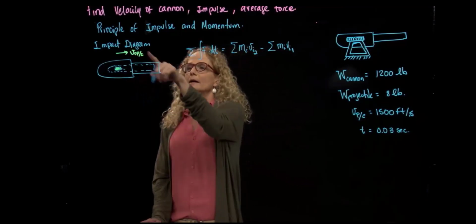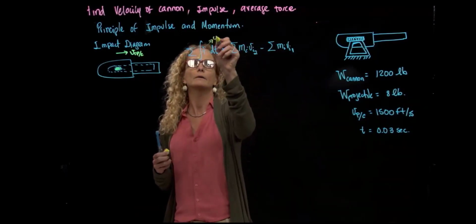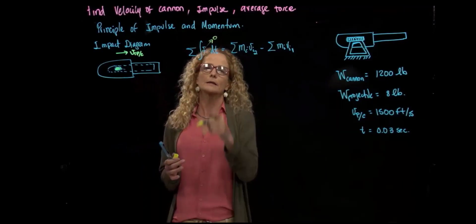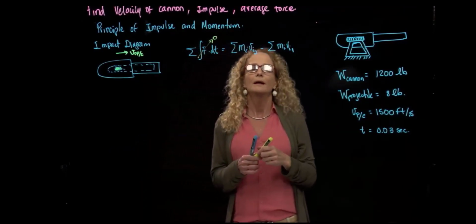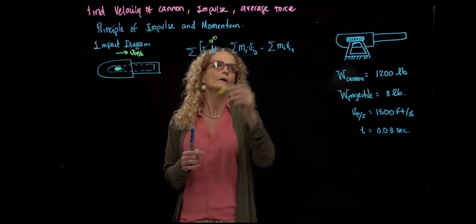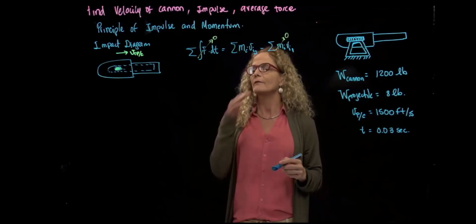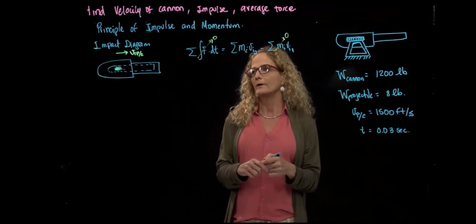As you see in my impact diagram, there are no forces that I will integrate over time. And before the fire, before I created any velocity, the velocities were equal to 0 as well. So we only have velocities when the fire goes on.